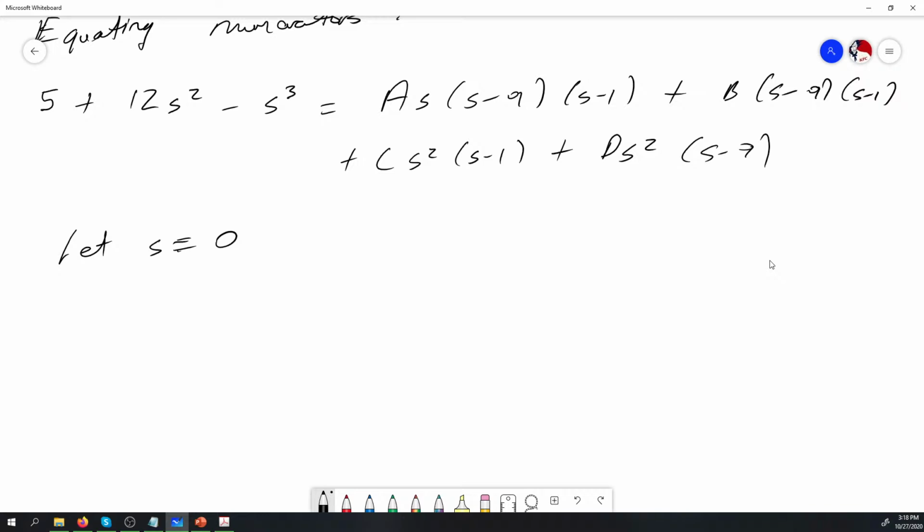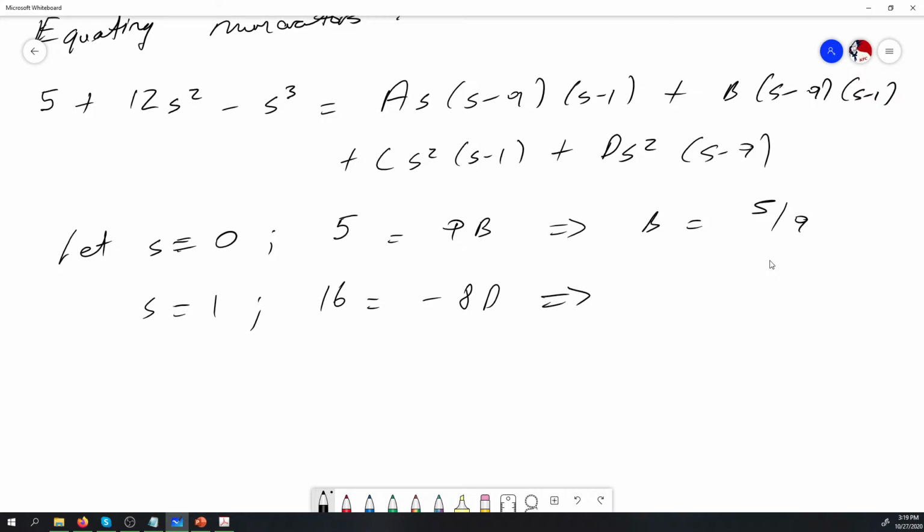So what we end up getting is 5 is equal to 9b. So b is equal to 5 over 9. S equal to 1, we get 16 is equal to minus 8d.